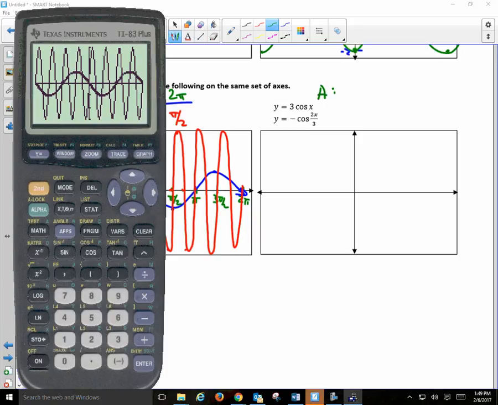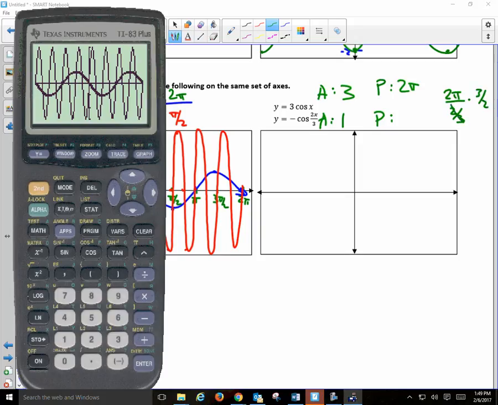What's the amplitude for the first one? 3, period 2 pi. For the bottom one, what's the amplitude? And the period? Yep, 3 pi. 2 pi divided by 2/3 or multiplied by 3/2.